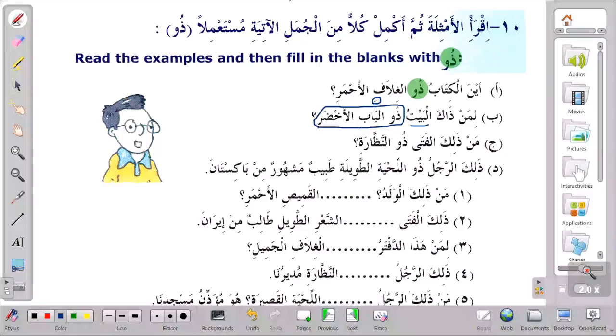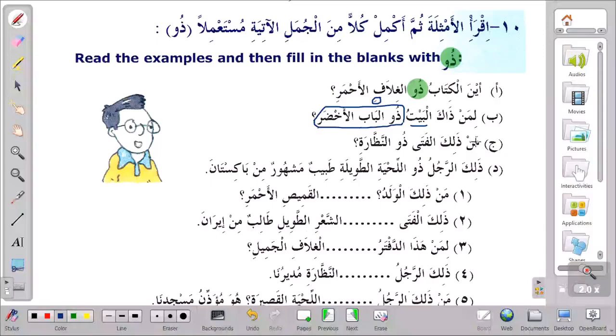For example, in English, if I say the book with the red cover, the book is the noun, and with the red cover is a phrase that describes the book. It gives information about the book, right? So it is a sifa. In Arabic we say sifa. A sifa is like an adjective, right?